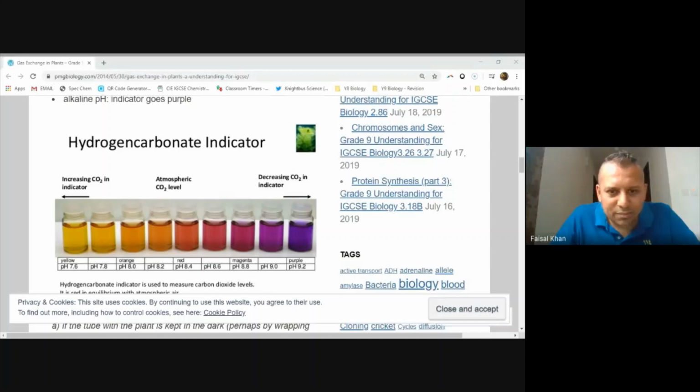And this is used in biology. You can actually use it to study water plants. And if there's lots of carbon dioxide that's dissolved in the water, that means that the plants that are inside the water have lots of carbon dioxide that they can absorb for photosynthesis. And if they don't, then that means that they've used up that carbon dioxide through photosynthesis. So the colors allow us to monitor how well photosynthesis is taking place. Okay, I hope that answers your question.